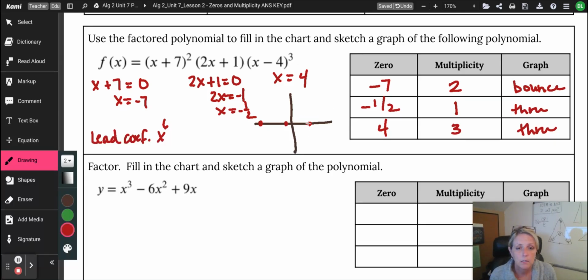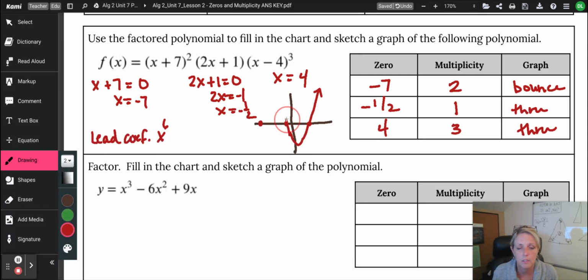So I know that at -7, it's going to bounce. If this is positive, it's going up and to the right. Let's back up. And then at this point, which is 4, it's going to go through, which means we're going to have a negative down here so that we can come back to this point, which is -1/2.